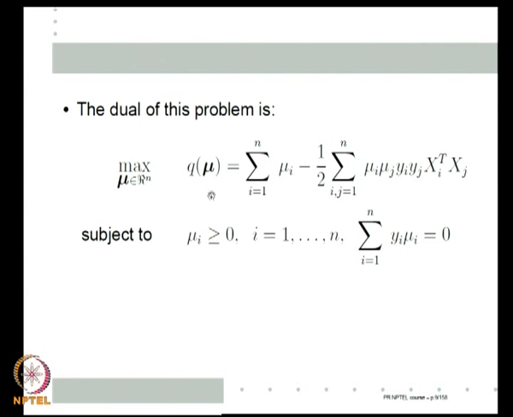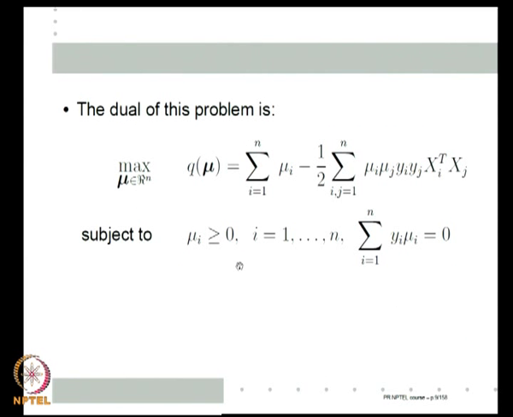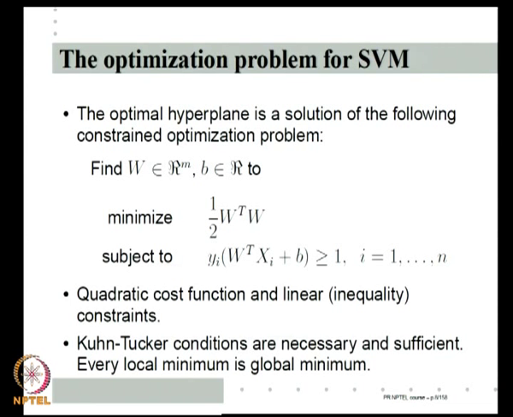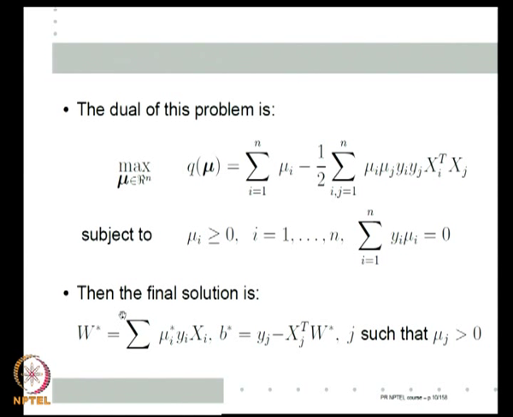So, the primal dual relationship tells me that if this has a solution, so has the dual, and the optimal values are equal. And more importantly for us, from the Kuhn-Tucker conditions, for example, W star is given in terms of the optimal Lagrange multipliers. So, if I know all the Lagrange multipliers, I know immediately the W and b, right.